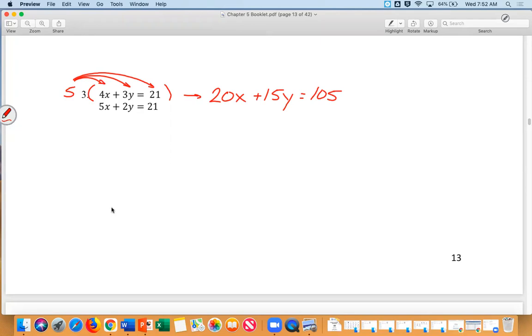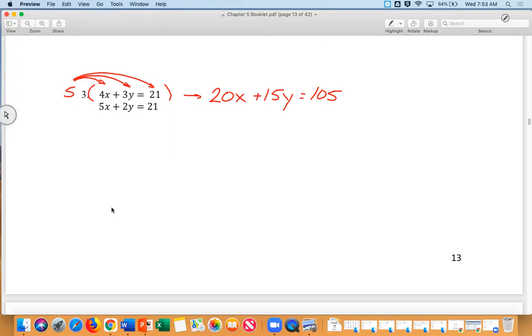Do you see why she chose 5? Andrew saw it a different way than Neve. Neve saw it like, I want them to both be equal to 20. And Andrew noticed, I just multiplied it by the number in front of the other x. So that way works perfectly fine.